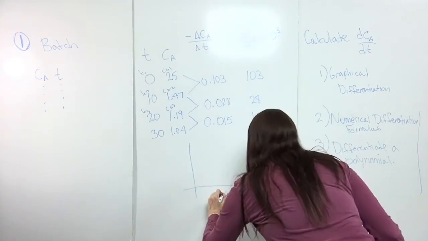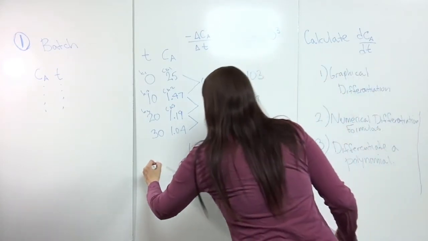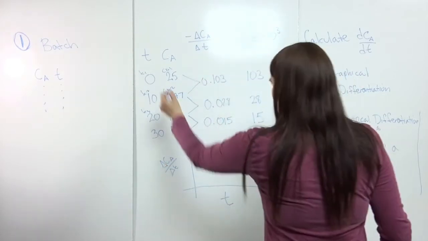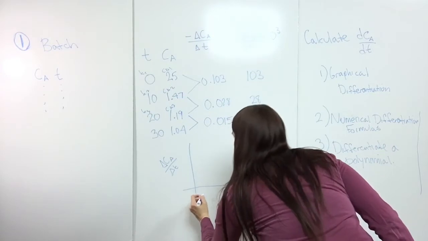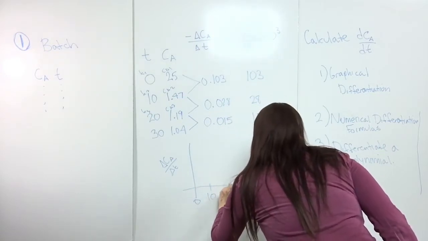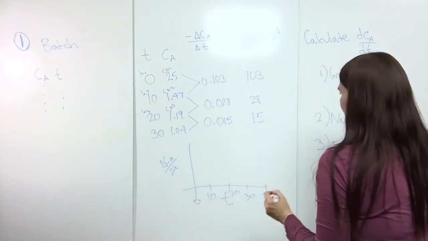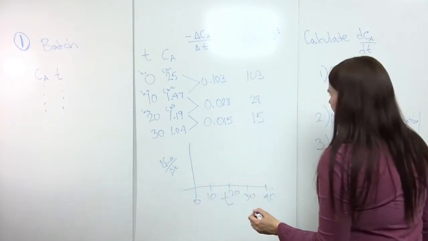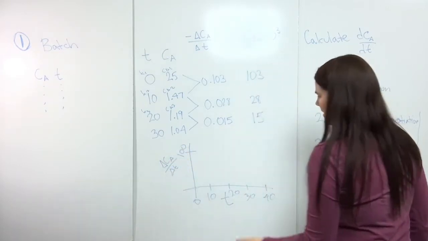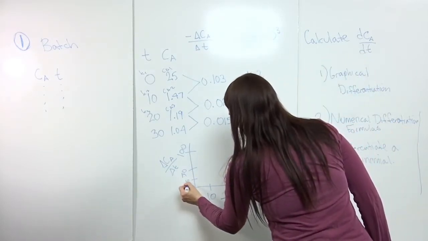So then you would plot time here and dCA/dt. So for time, you have 0, 10, 20, 30, 40, and then since my biggest number is 103, I'm just going to say the top is 100. So 50, 25.